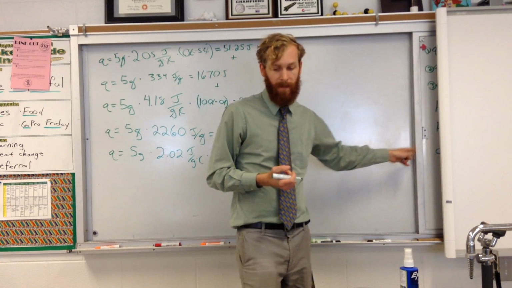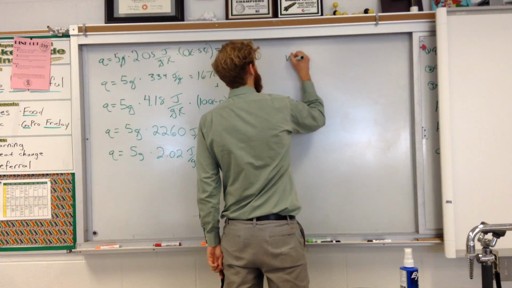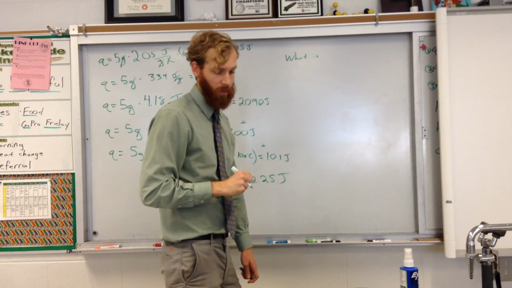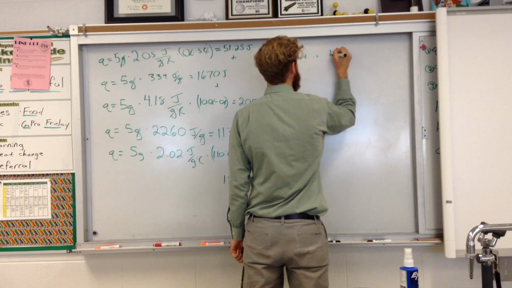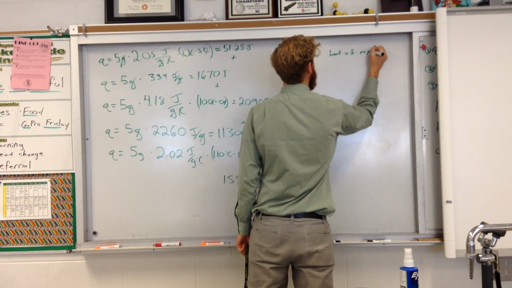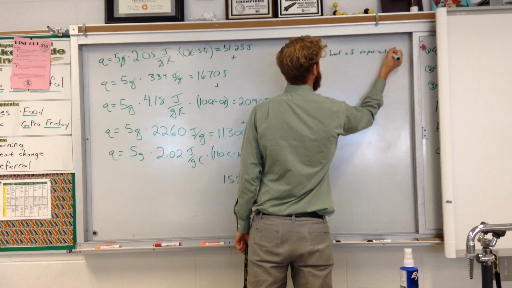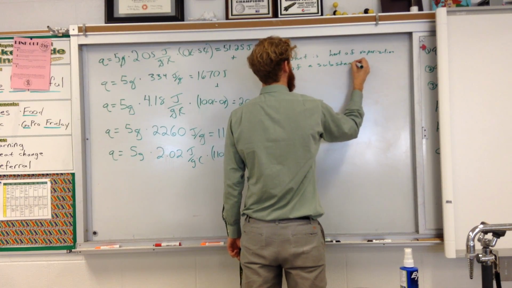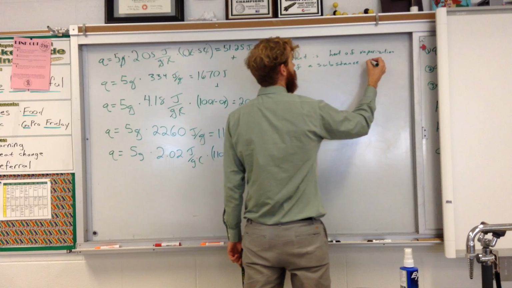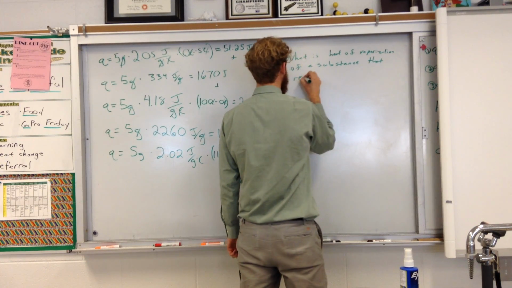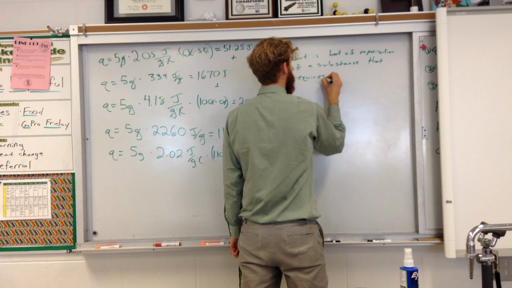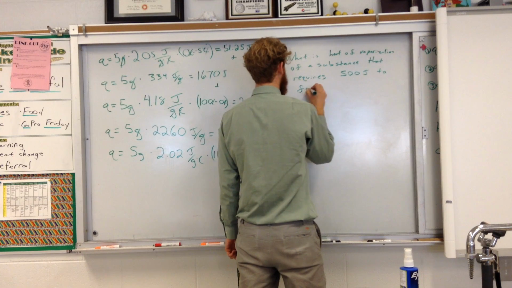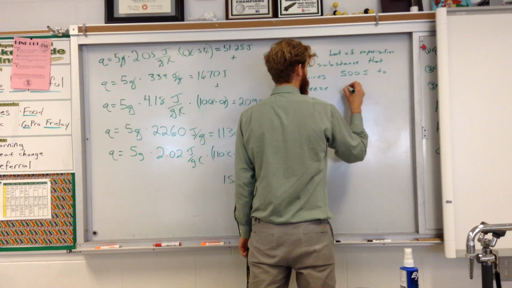So for example, let's say it asks, what is the heat of vaporization of a substance that requires 500 joules to freeze 7 grams.